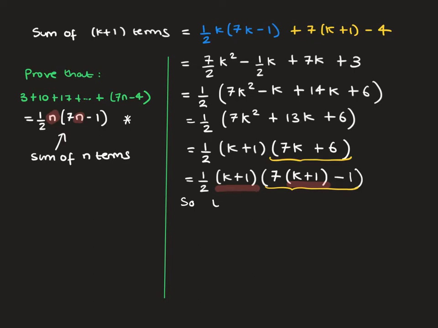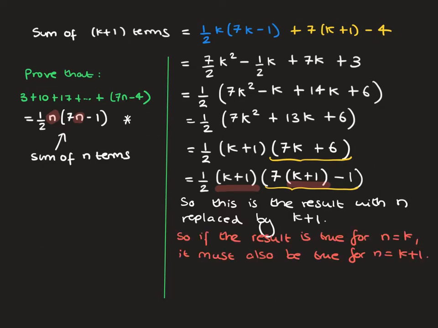So this is the result we are trying to prove with n replaced by k plus 1. So this means that if the result can be assumed to be true for n equals k, it is also true for n equals k plus 1.